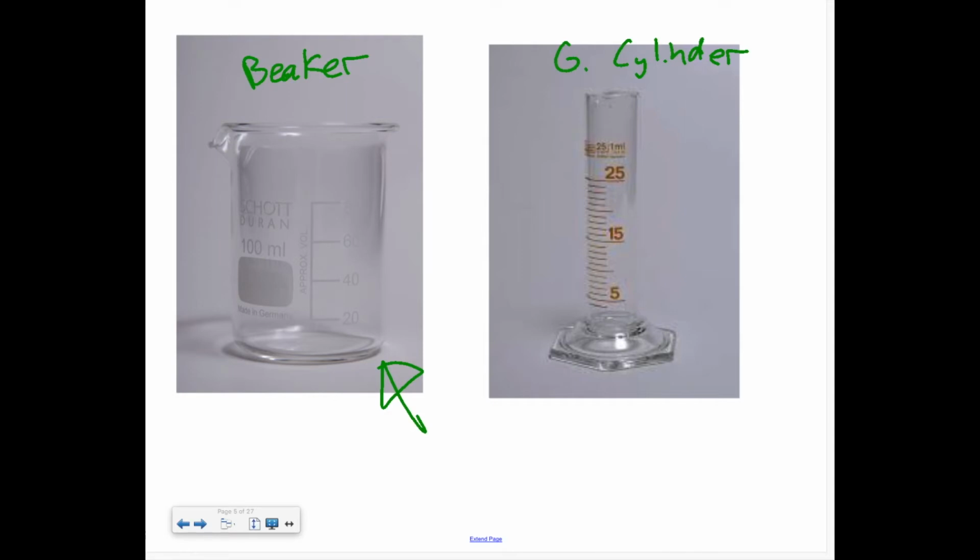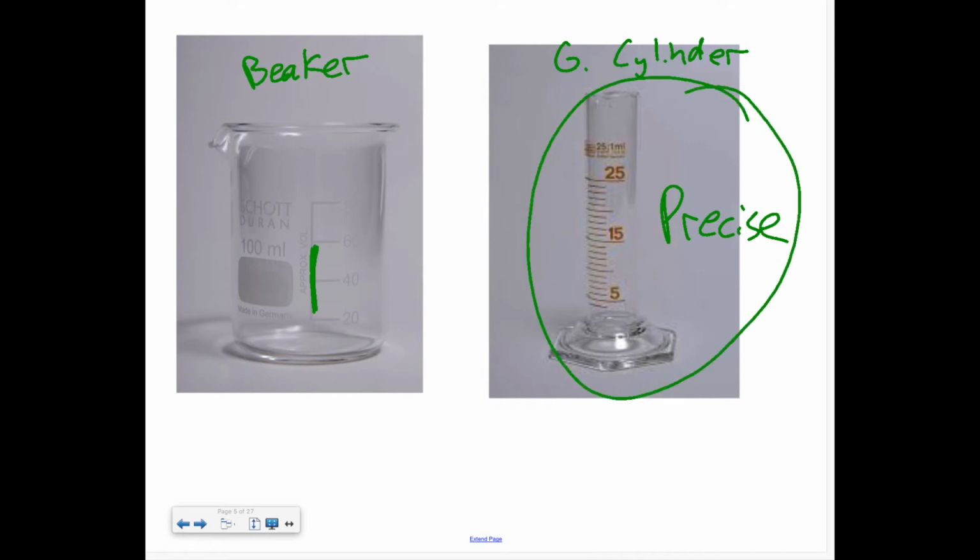I don't know why, because the graduated cylinder is so much more precise than the beaker. The beaker is not used for measuring, and you can even read on the label, it says approximate volume. You should not be confident in that volume on the beaker. You should be much more confident in the graduated cylinder, okay?